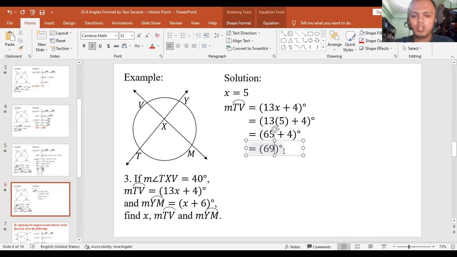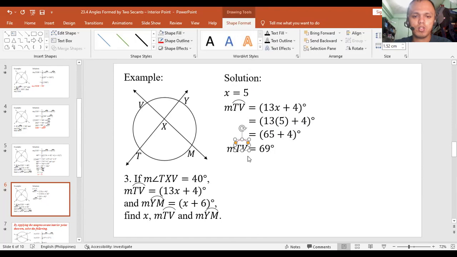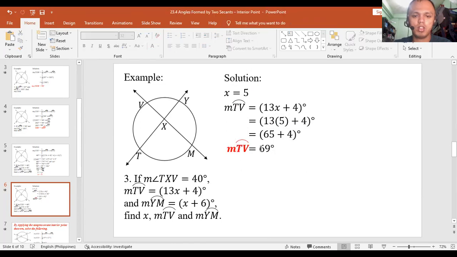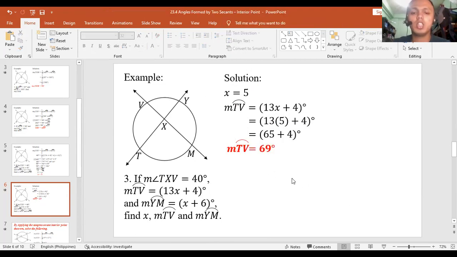And therefore, the measure of arc TV here is equal to 69 degrees. And this one, let's highlight in red. So our TV is 69 degrees.